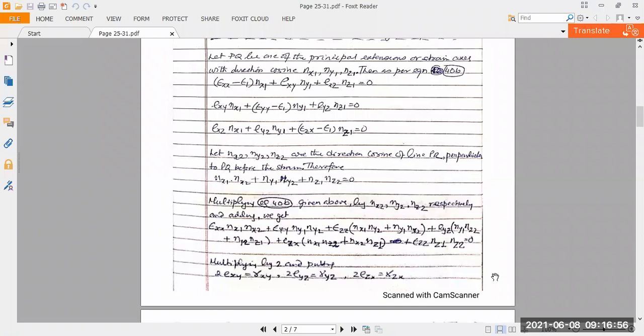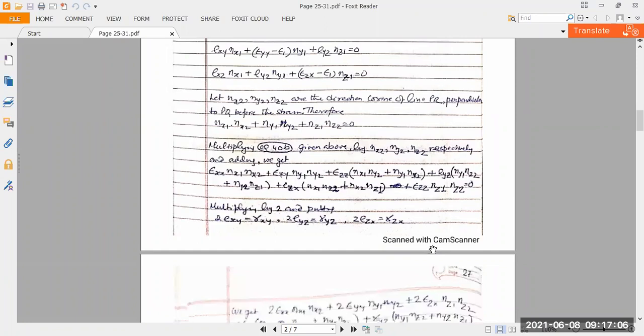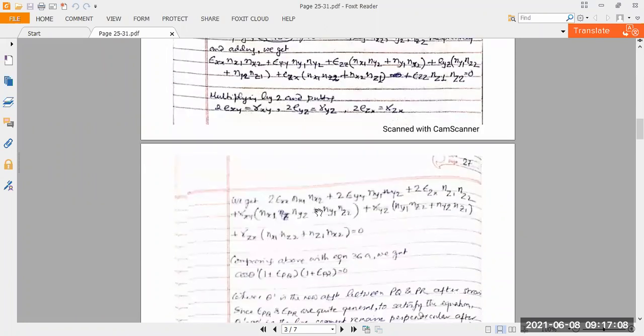Now if we put them together in their respective places, we get nx1 like this, exx nx2 plus eyy ny1 ny2, this is like this, gamma xy, this multiplied by this and this.